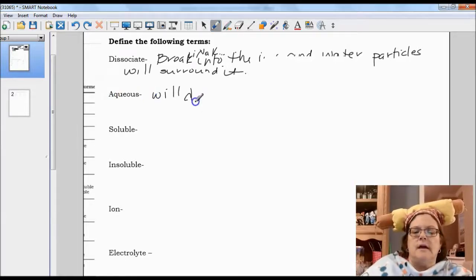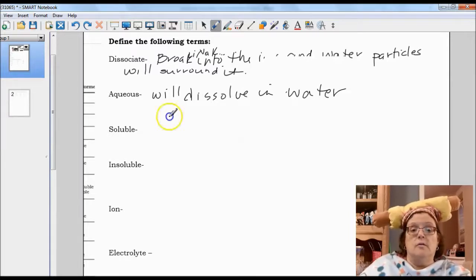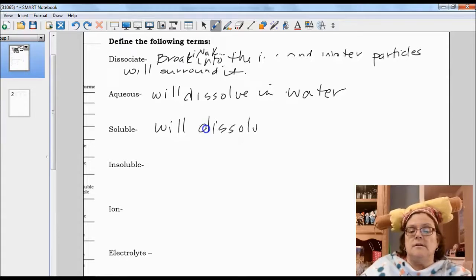We've already defined that. Or it means it is currently dissolved in water. Soluble means it will dissolve in water, or will dissolve in a solvent. We've already defined that. I apparently erased it. Insoluble means it will not dissolve.